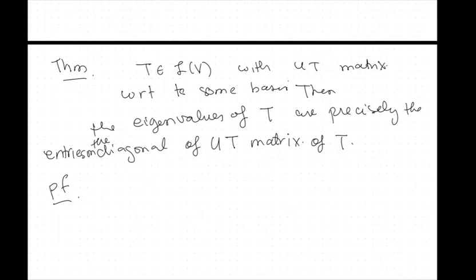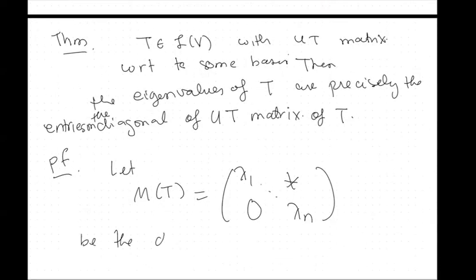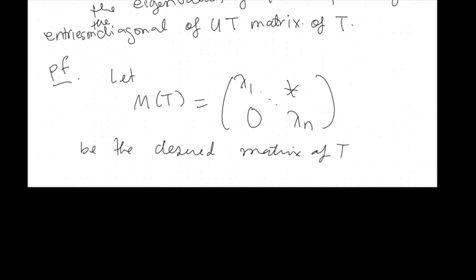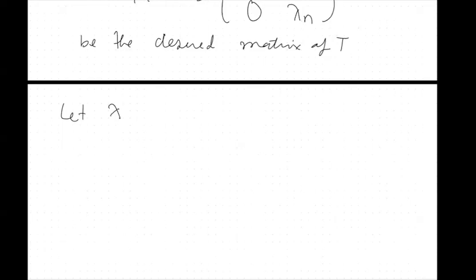Let us consider the matrix of T with respect to the basis, with lambda 1 up to lambda n on the diagonal and all 0 below, be the desired matrix of our T. Let lambda be a scalar.